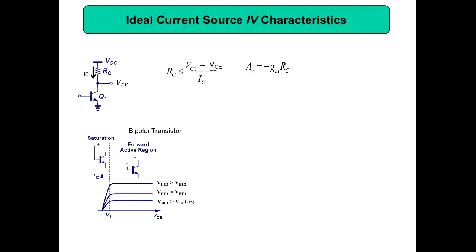Can we connect something else here which gives the same current and does not affect the bias current, but lets you have a very high RC? So you can use a current source.